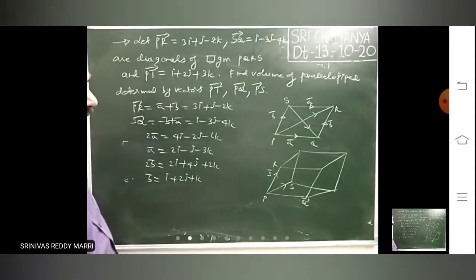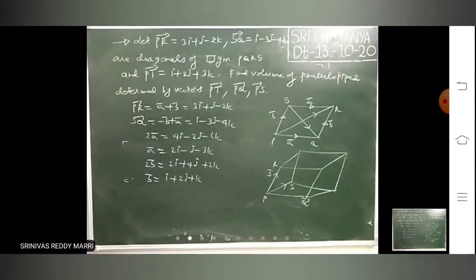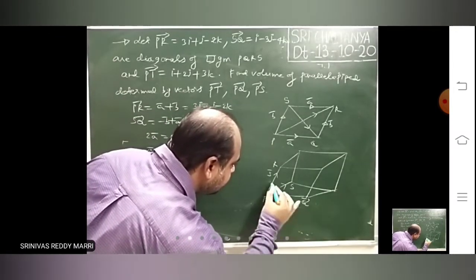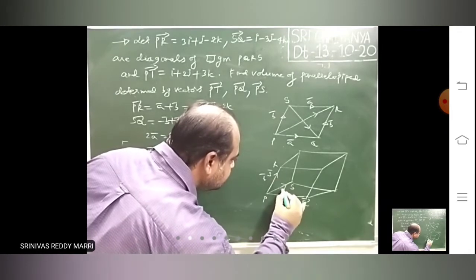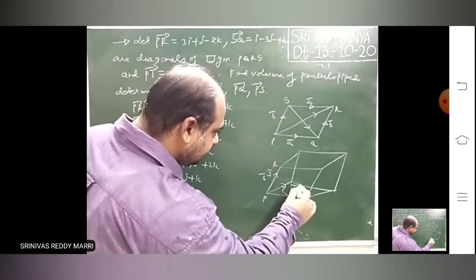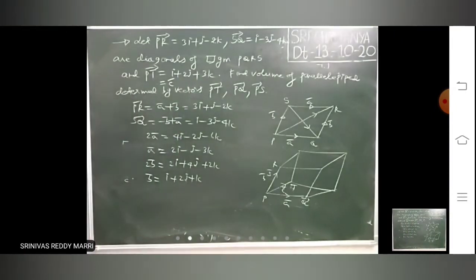Just like this, PQ and PS are two edges. You have taken this as A bar, this as B bar, this as C bar. So three coterminous edges are known. PS, PT. So let us say this is C bar.